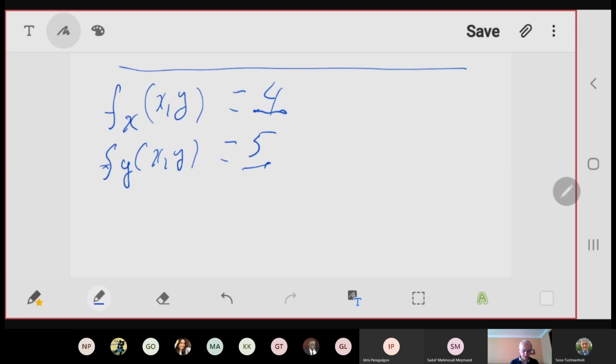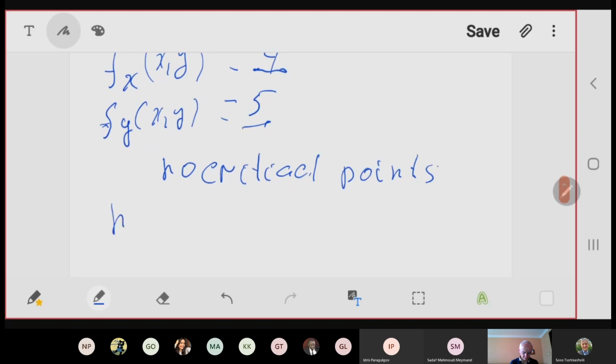So you should write here: no critical points, hence no local extrema. Because to have local extrema, critical points are necessary.